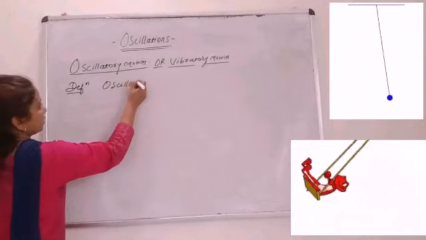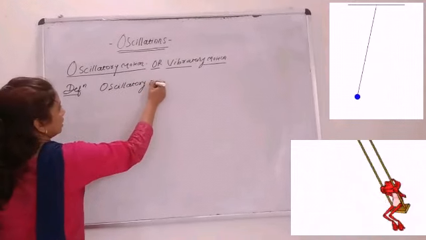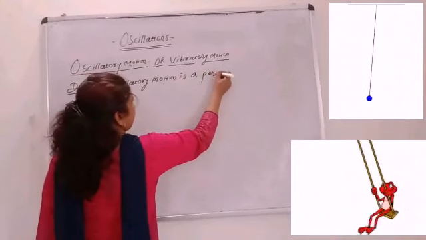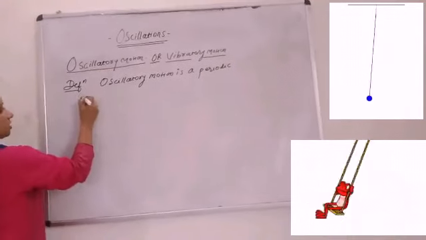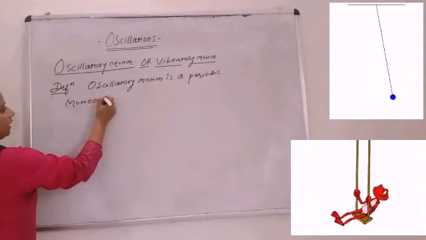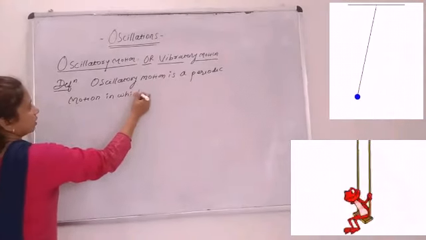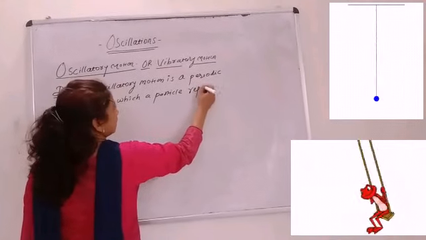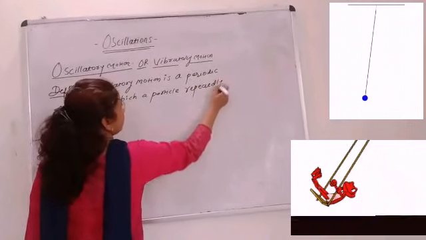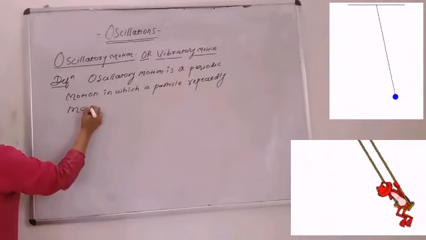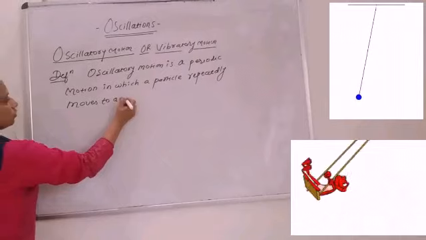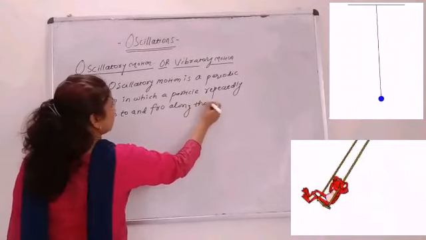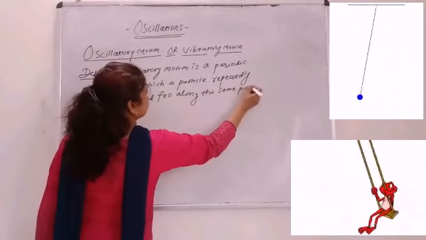Oscillatory motion is a periodic motion in which a particle repeatedly moves to and fro along the same path.